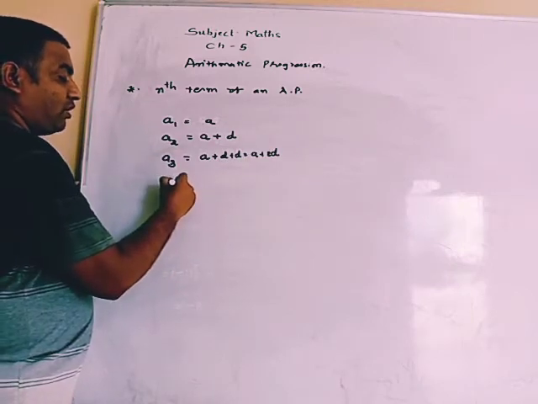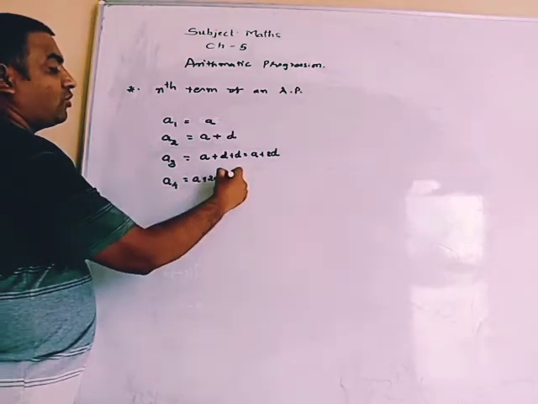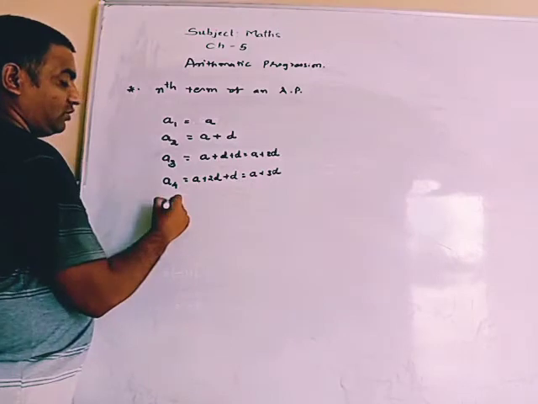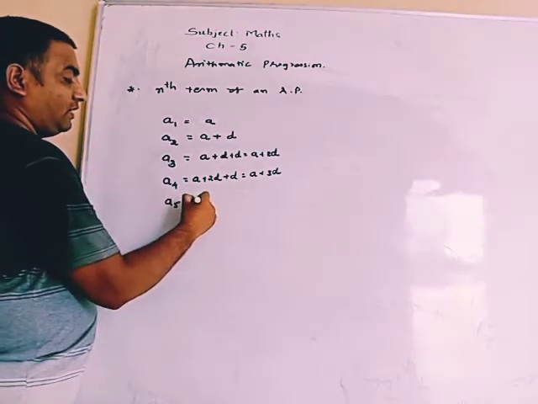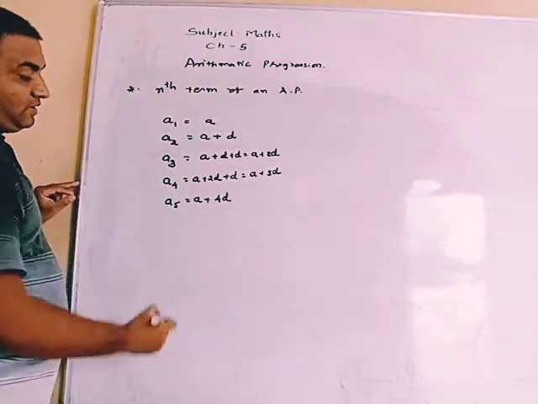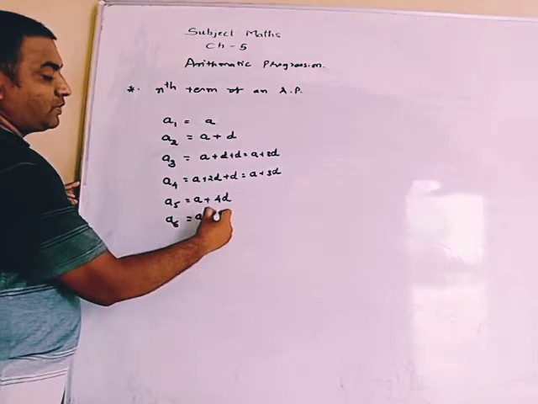Then a4 is a plus 3d, a5 is a plus 4d, and a6 is a plus 5d.